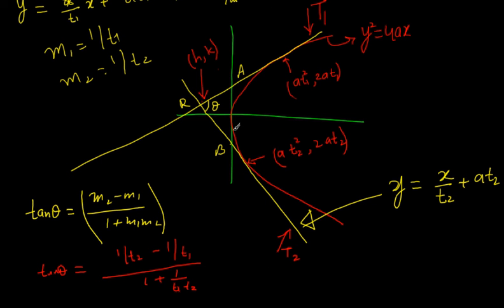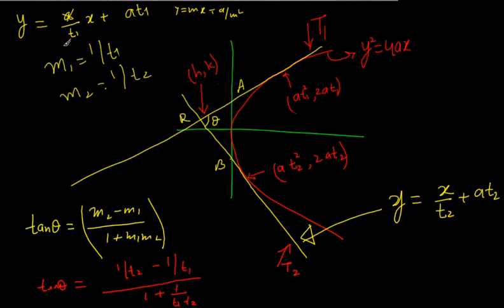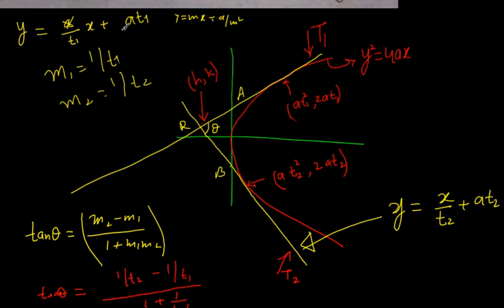These two, t1 and t2, will vary according to the tangent, and we need to find the relation between h and k. These two lines, y is equal to x by t1 plus a t1, and y is equal to x by t2 plus a t2, are passing through h and k.